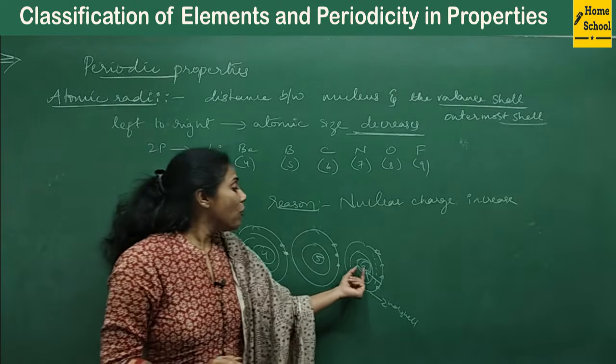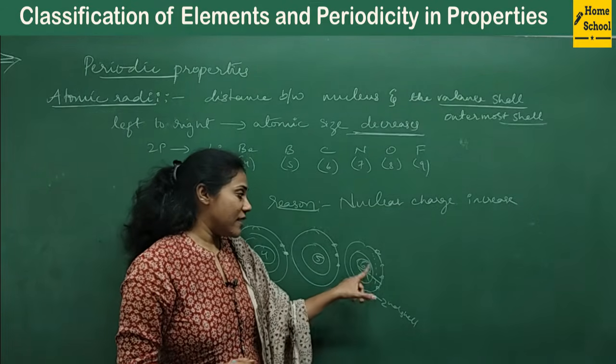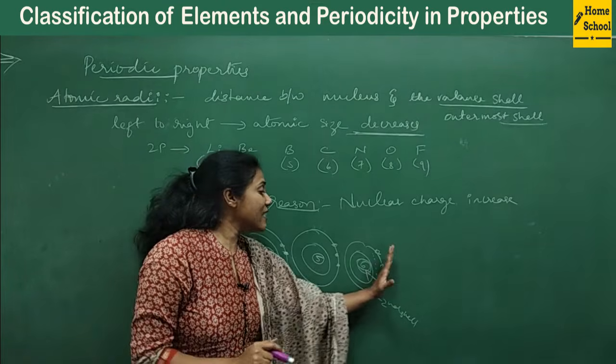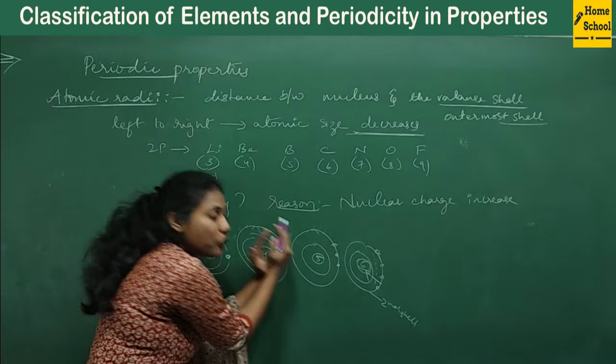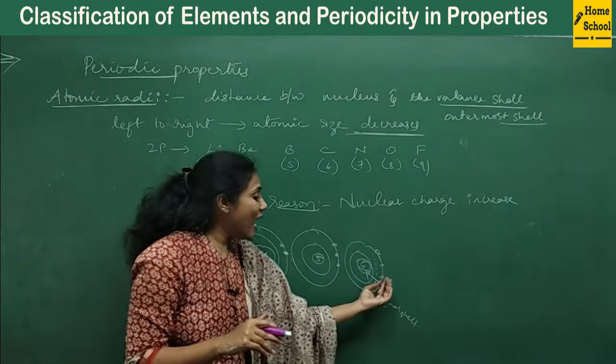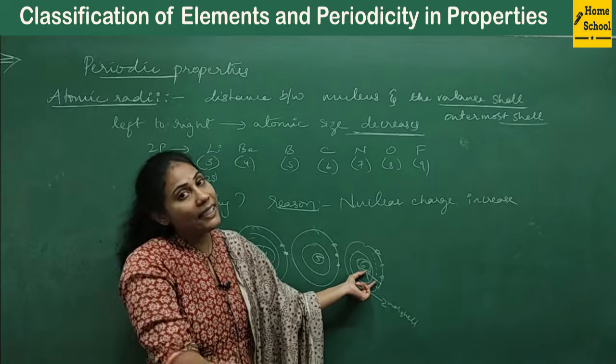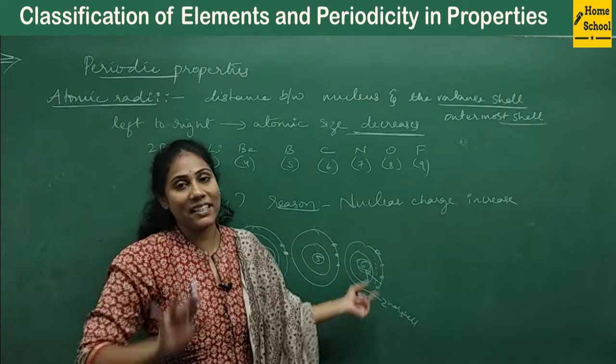Since there is more attraction, the last shell will slightly move towards the nucleus. So when the last shell slightly moves towards the nucleus, automatically the radius decreases, the size decreases.